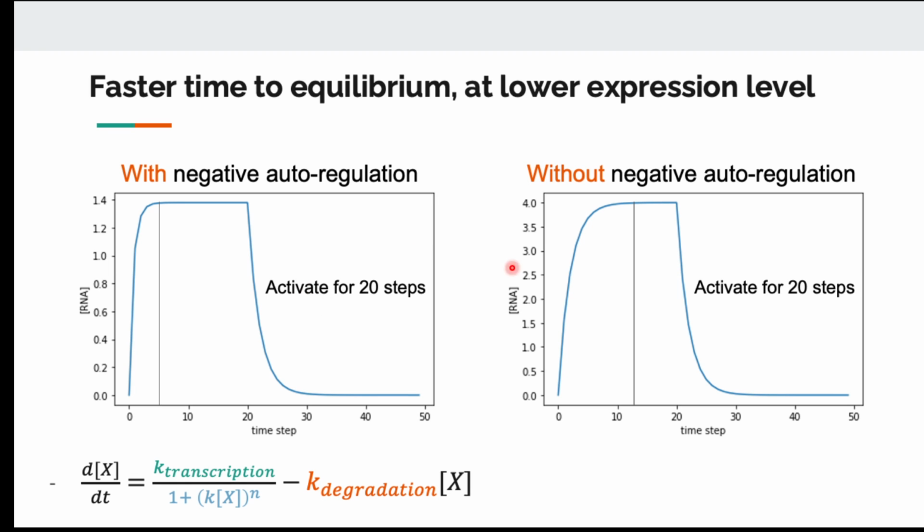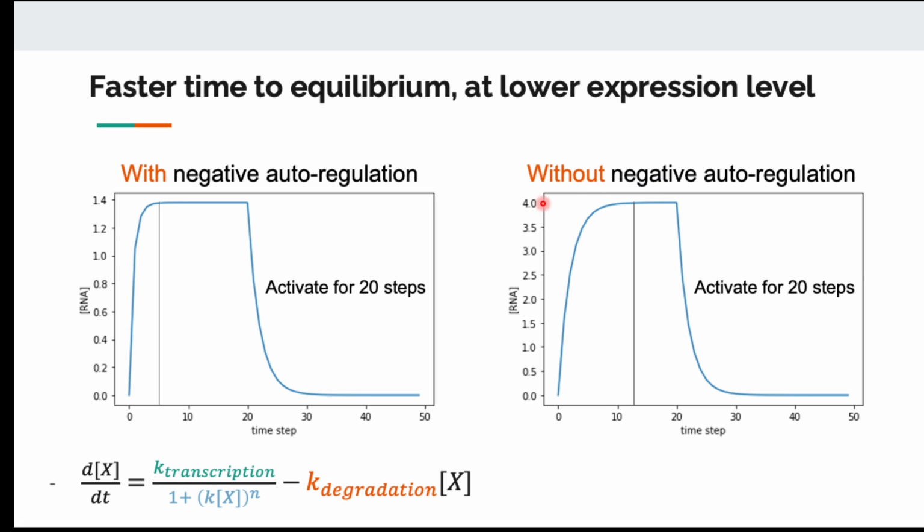Two things that we notice from these two behaviors. First, if you look at the y-axis, it is the number of molecules for the RNA at equilibrium. Without negative autoregulation, if you produce without any feedback, the equilibrium is about 4.